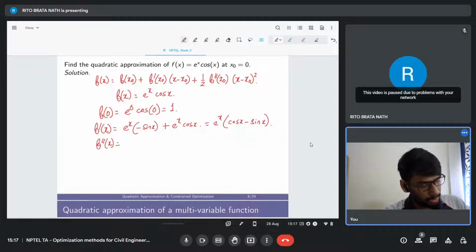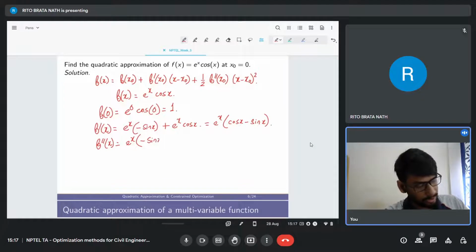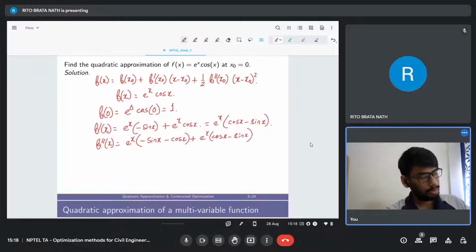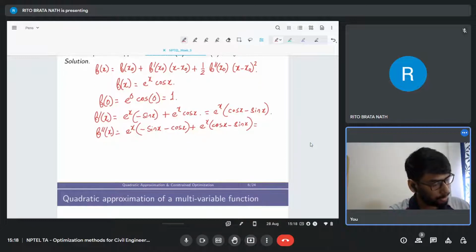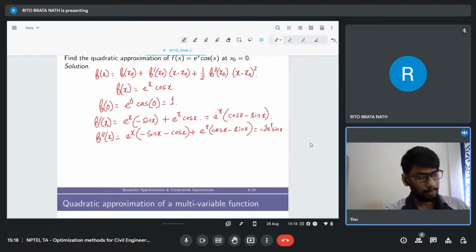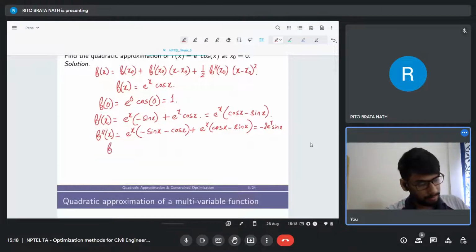So this could be e to the power x times, this part will be minus sin x, this part will be minus cos x, and this part will be e to the power x times the same thing, cos x minus sin x. So that cos x part will get cancelled out, and you will be left with minus 2 e to the power x sin x. So I think I've written it correctly. So yes, now what I can do is put the values 0.